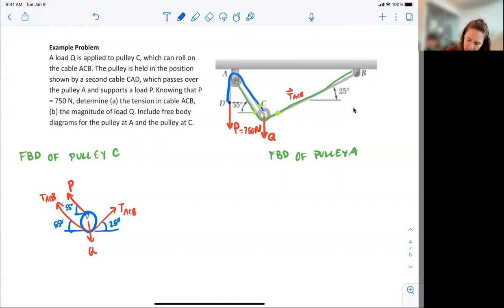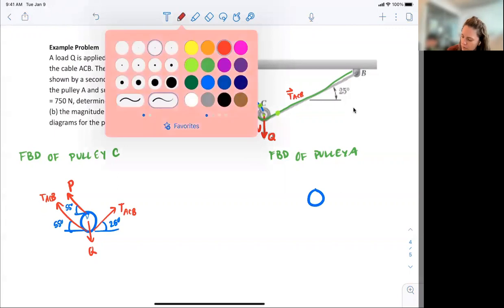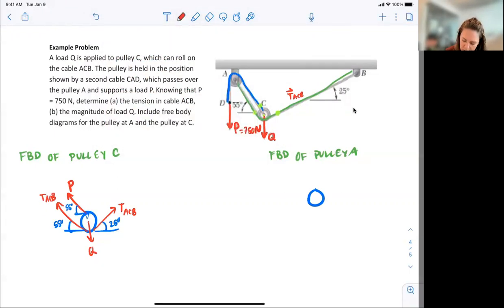Now I'm going to draw the free body diagram of pulley A. Again, try this on your own first before you come and watch this video. So pulley A has this tension holding it up. So I'm going to call this the force of A. It has a force coming down of P, which is equal to 750 newtons. And then it has this force going to the side, and that is also P because of our rule of forces.